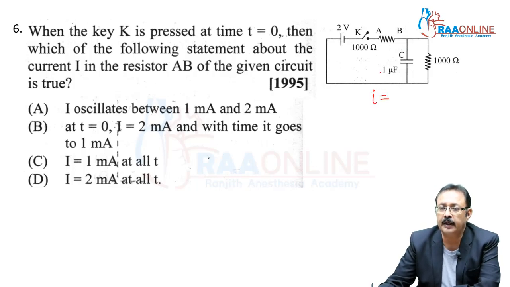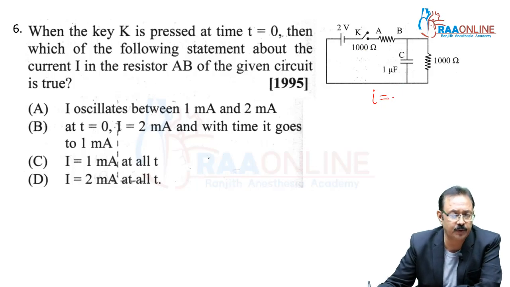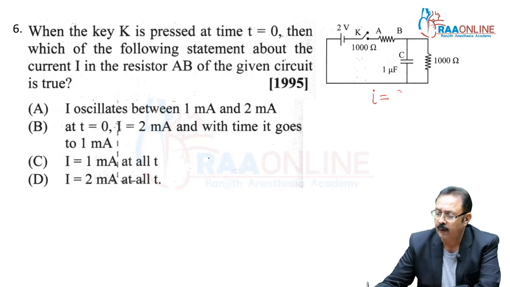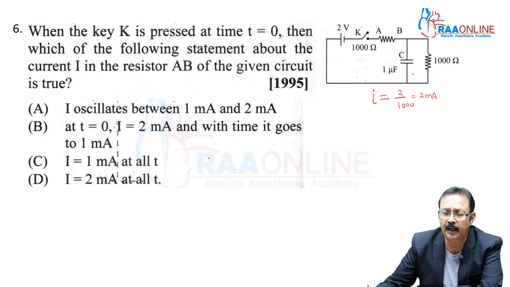So in the path of current, there is only one resistance of 1000 ohm. So at t is equals to 0, the value of I is V upon R, 2 upon 1000 means 2 milliampere. When it is fully charged, no current will flow through this branch.